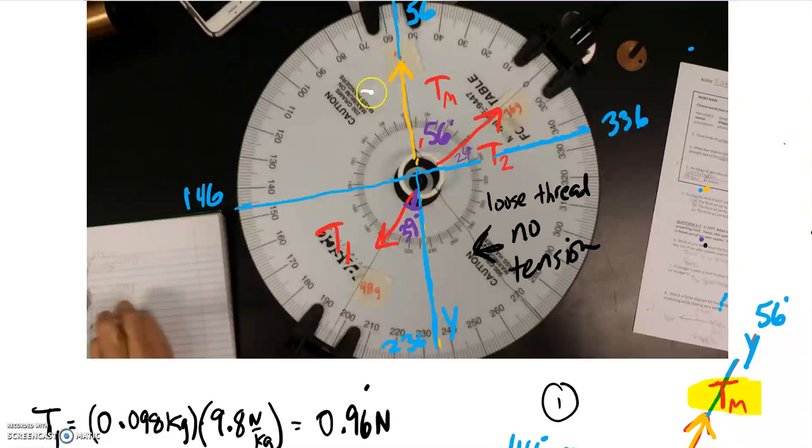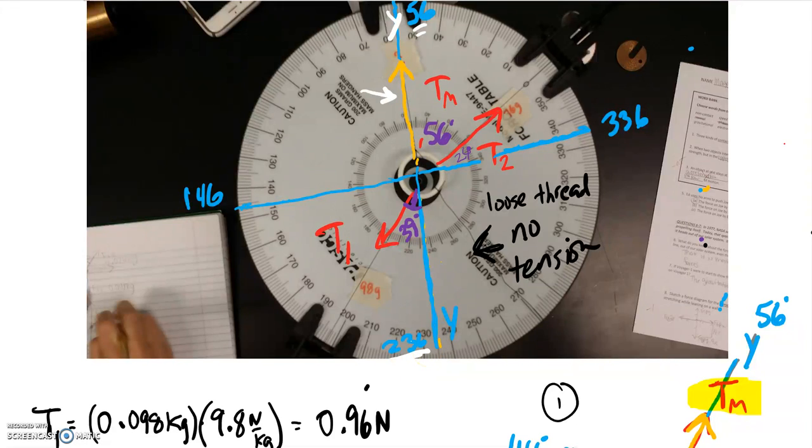Best thing to do is put the mystery mass tension on one of the axes. So I call this the y-axis, which forces you to make everything relative to that now. So this is at 56 degrees, which means the y-axis would go down to 236 degrees on the force table.